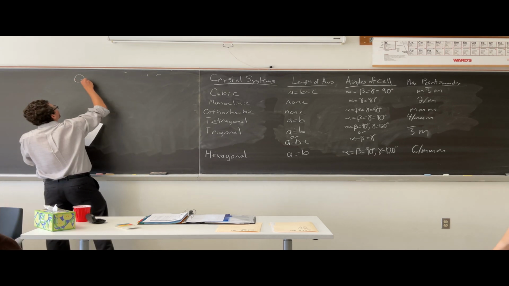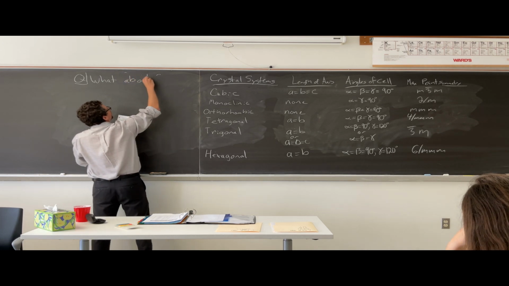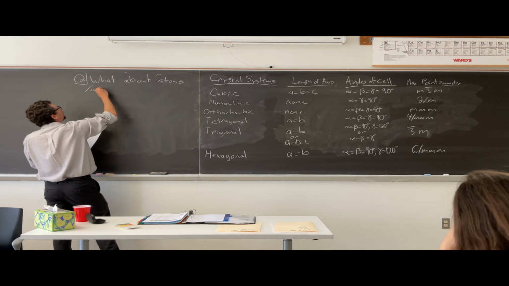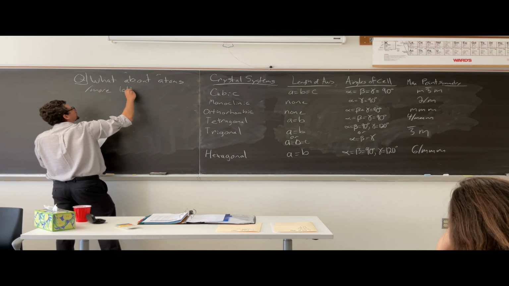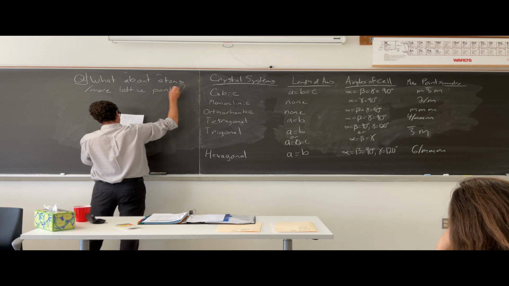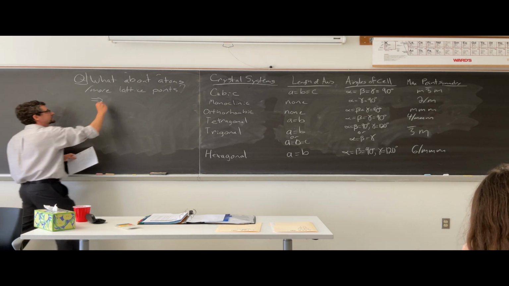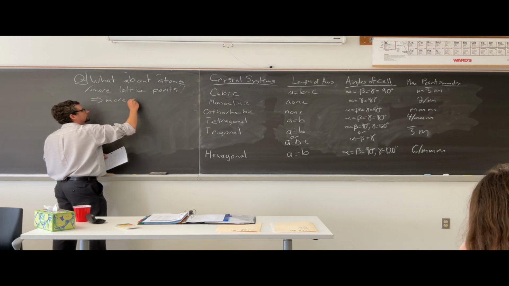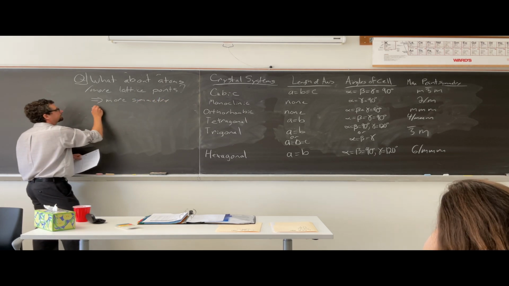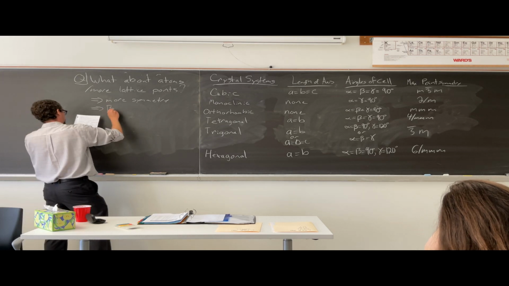So we're going to ask the question, what about atoms / more lattice points? If we incorporate more of that, we get more symmetry. Once we get more symmetry, we can introduce the Bravais lattices.